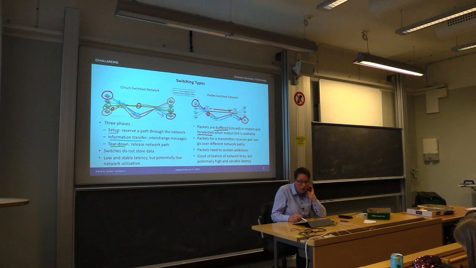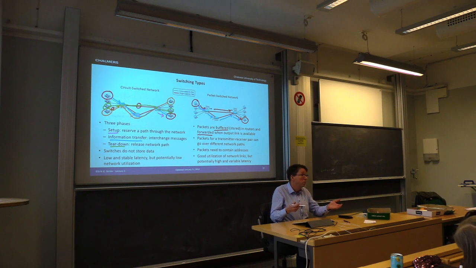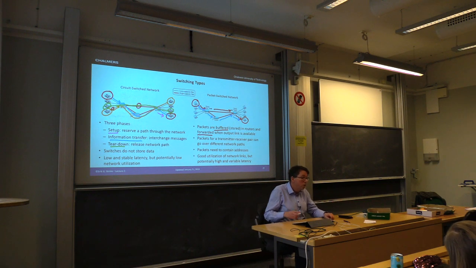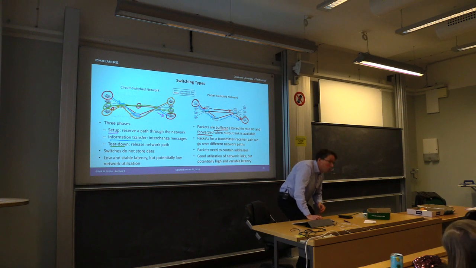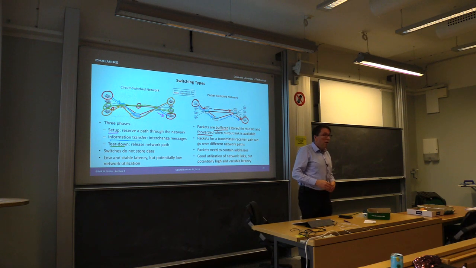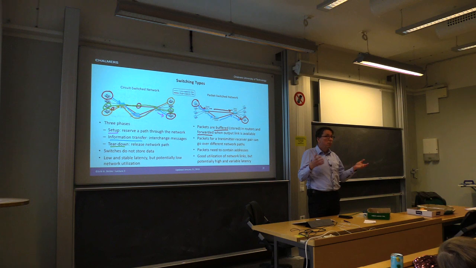The advantage of a packet switch network like this is that it gives good utilization of the network links because it's adaptive. It can change the routes depending on the demands. So it's a little bit like, for instance, if you want to drive to work or something like this.